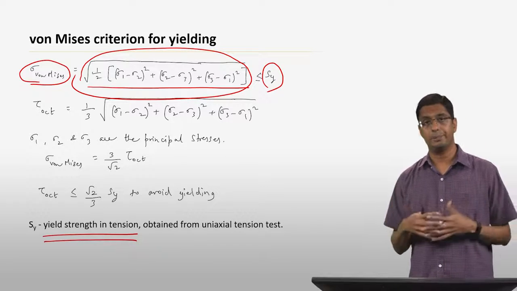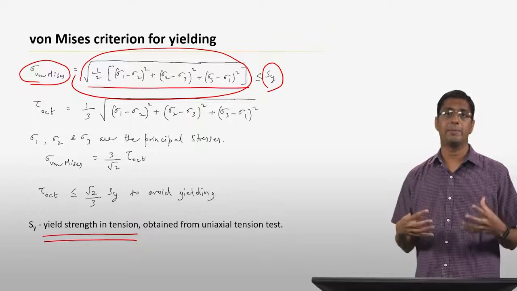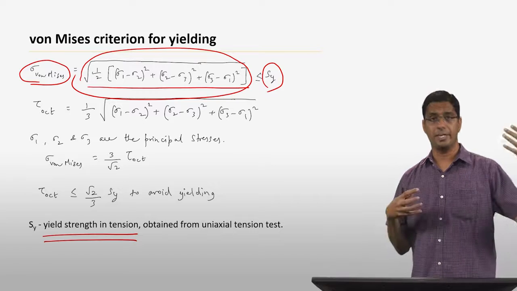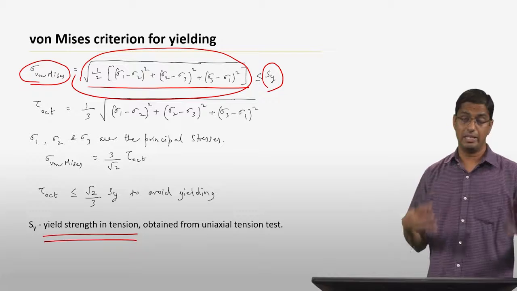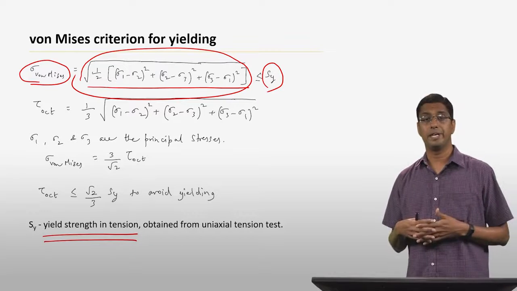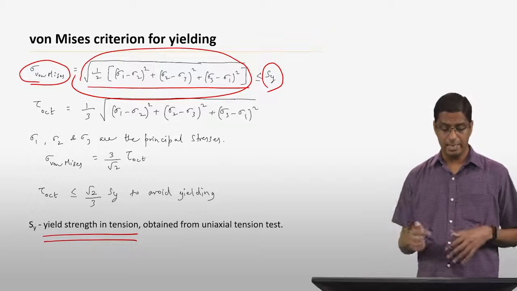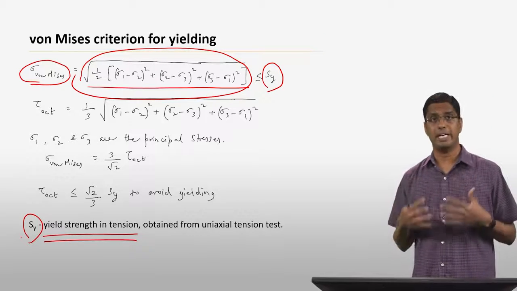If you take the corresponding lab for this class, the first experiment that you'll be doing is a uniaxial tension test, from which you'll get the stress-strain curve for different materials. In that lab, you will learn to figure out the yield strength of different materials under tension. So that yield strength is a material property that you measure experimentally.